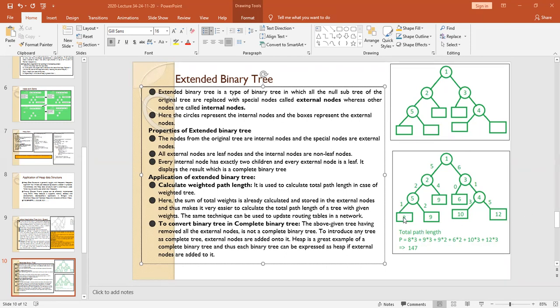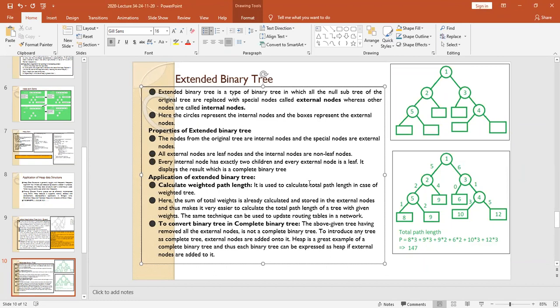Now you multiply with the level. First 8 is at level 3, 9 is at level 3, this 9 is at level 2, 6 is at level 2, 10 is at level 3, 12 is at level 3. When you calculate the path, it is 147. So this is the weighted path length.